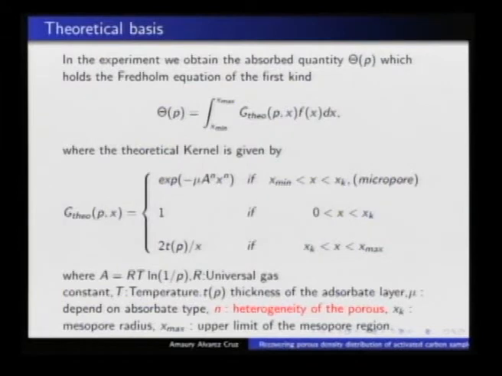P represents the relative pressure. Then we have a Fredholm equation of the first kind, where the unknown solution is our porous size distribution, and we denote the experimental isotherm.